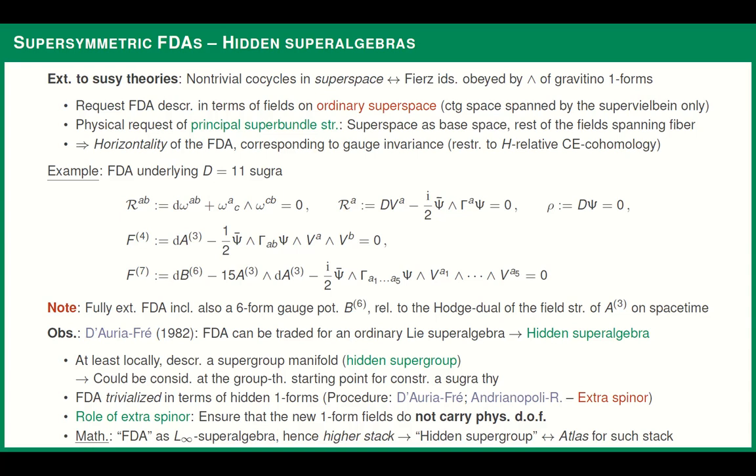No, at this level I'm just adding, so this object is closed and not exact. I'm introducing from the outside a free-form gauge potential, requiring that its derivative in vacuum, only in vacuum, will be equivalent to this expression.